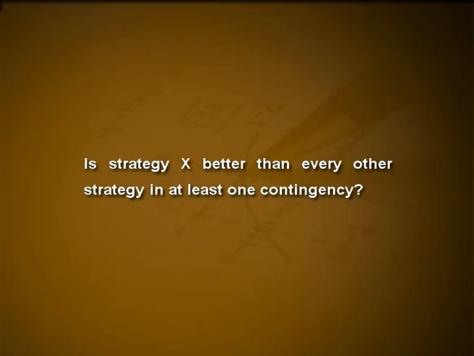Thus, for example, if strategy x does not yield his first choice x as an outcome, neither do his other strategies. Is strategy x better than every other strategy in at least one contingency? For result 5, it yields x, which is a better outcome for our voter than strategies x bar, y, y bar and z, which all can lead to non-preferred outcomes y or z.